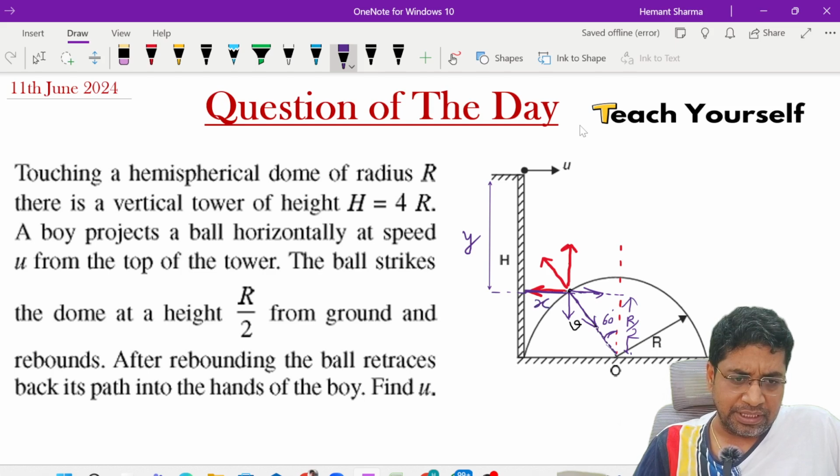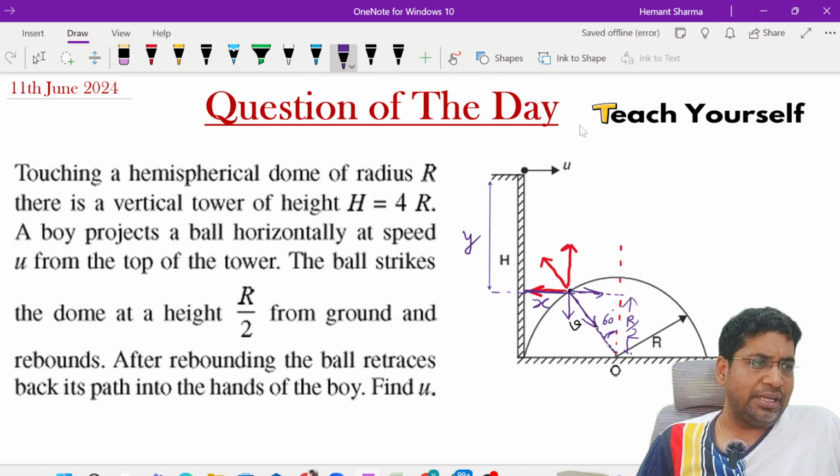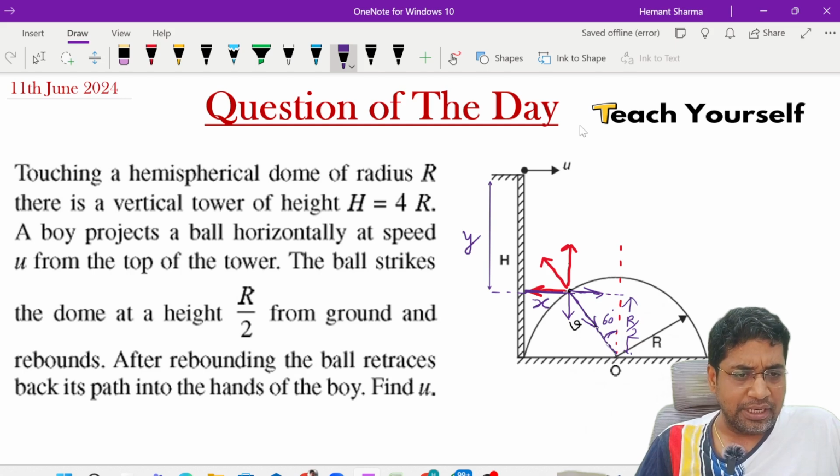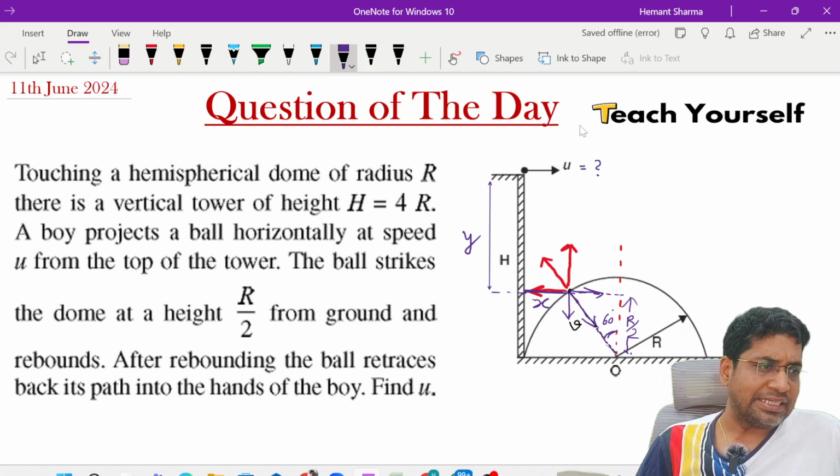Once this x and y are calculated, afterwards we will apply the concept of normal projectile and find whatever the value of u is required. So this is the entire scheme of problem solving. Now the point is, how should we do it?